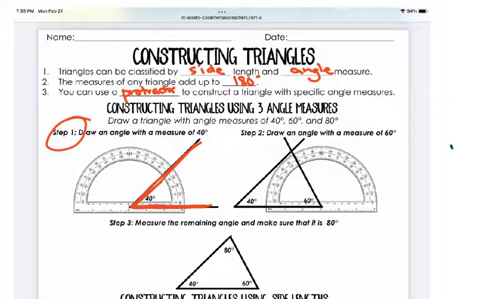So then I am just going to move, you can kind of see how we've shifted from this side of our protractor to this side over here to construct a 60-degree angle. So once we accomplish that, if we do indeed draw a 40-degree angle and a 60-degree angle, and we extend those lines until they cross, you can almost do that with your own protractor, you will see that our third angle will automatically be an 80-degree angle.